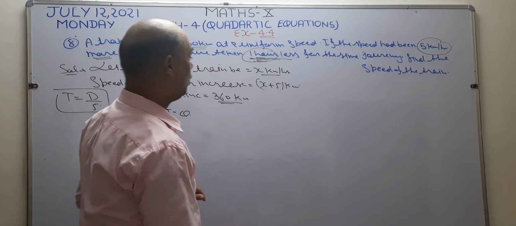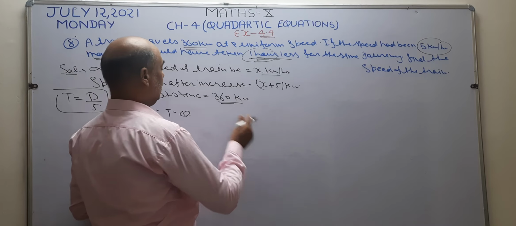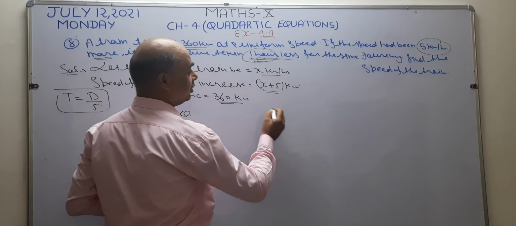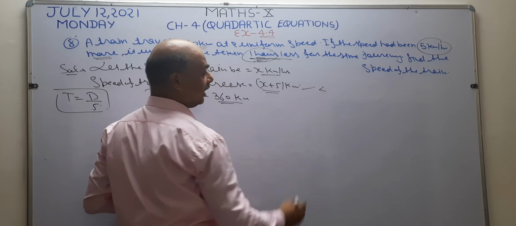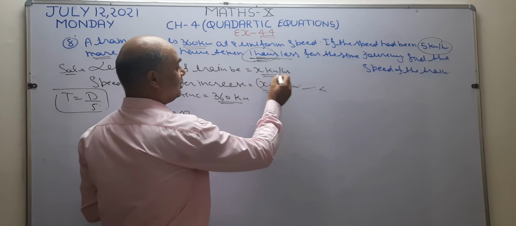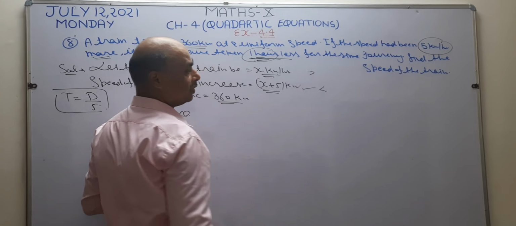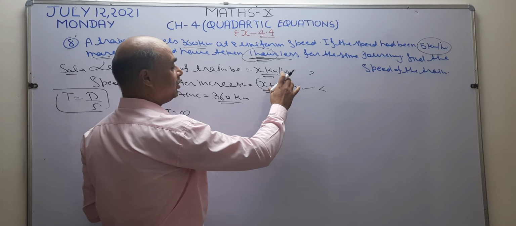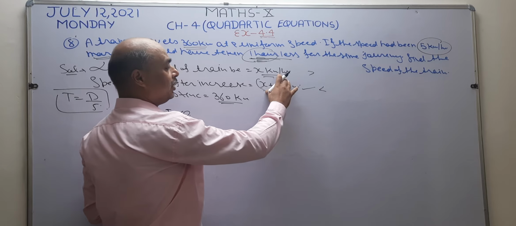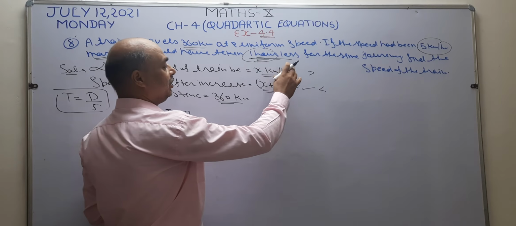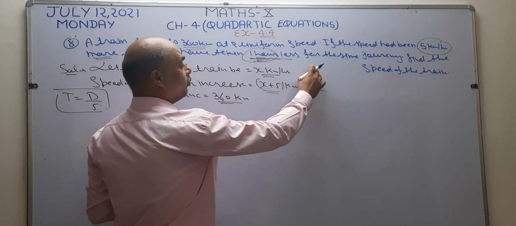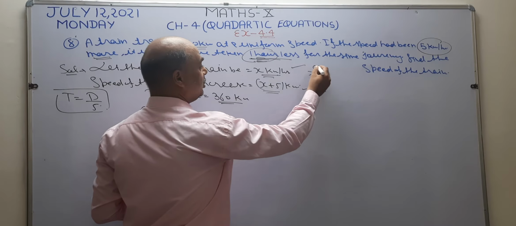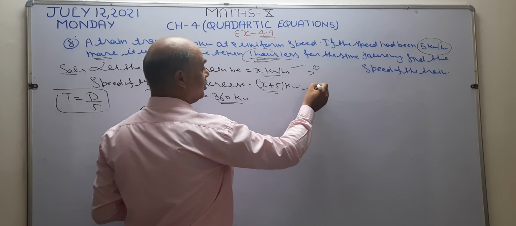Okay. Now in which case is time less? When the speed is increased, then time is going to take less. When the speed is less, then the time is going to increase. So I want to take this speed first because in this speed time is going to be consumed less, and in this speed time is going to be more. So I take this one first, this is the first time, and this is the second time.